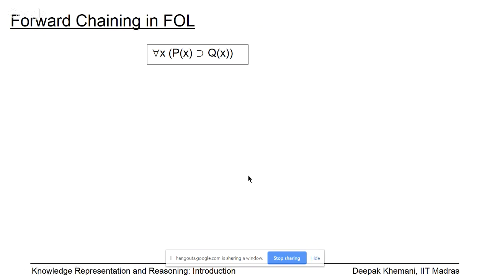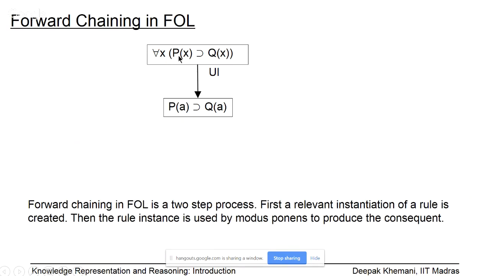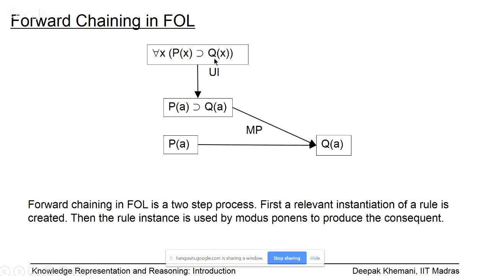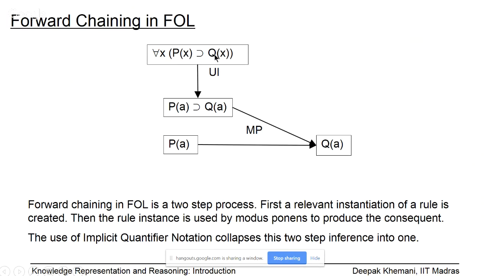Now let's come to the question that was asked by someone, as to explain forward chaining and backward chaining. In forward chaining you are given that all P's are Q's, and you are given that A is a P, which is represented by the fact P of A. All P's are Q's is represented by for all x, Px implies Qx. Now in forward chaining you move from data to conclusions.